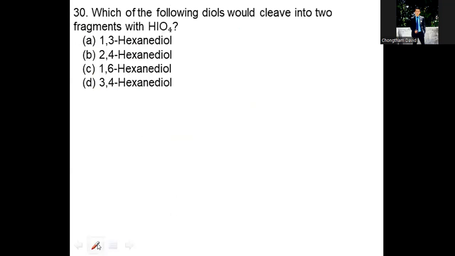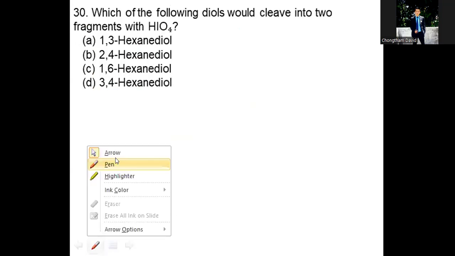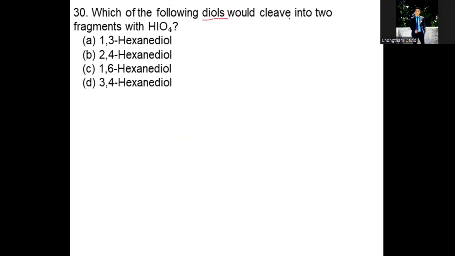Question number 30. Which of the following diols would cleave into two fragments with periodic acid? Let us learn to write this structure. CH3. We are first writing the formula of hexane.